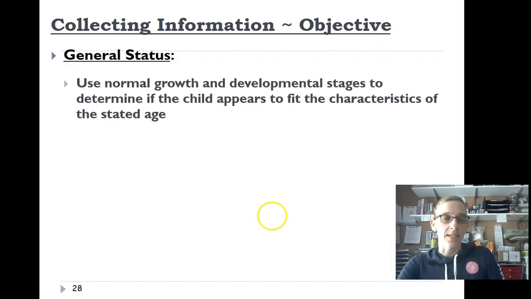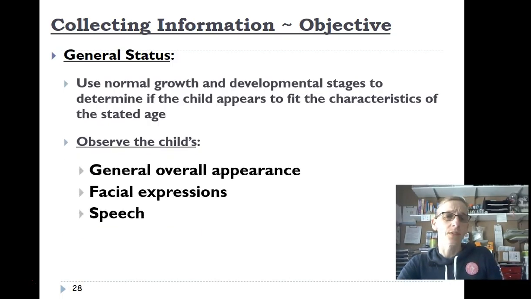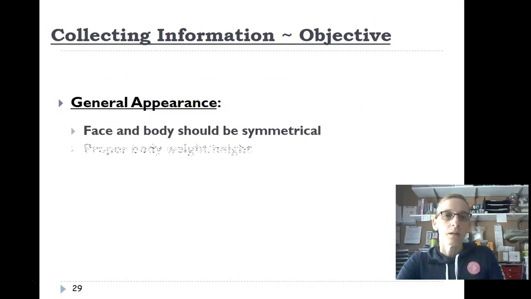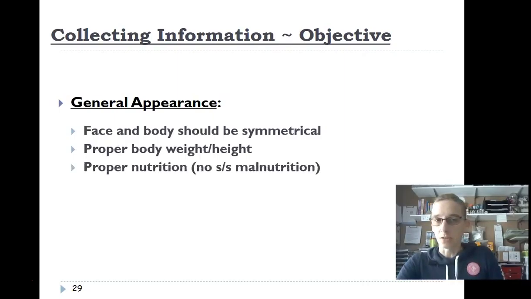All right, general status. Use normal growth and development stages to determine if the child appears to fit the characteristics of the stated age. You're observing for the general overall appearance, facial expressions, speech, their behavior. Does everything appear to be age appropriate for this child? Face and body should be symmetrical.